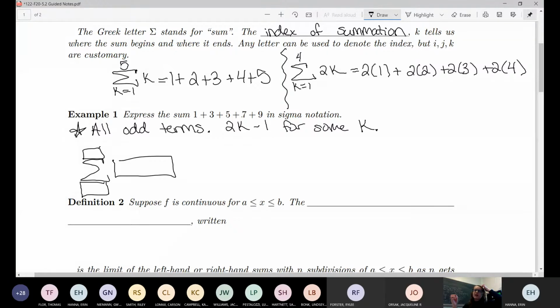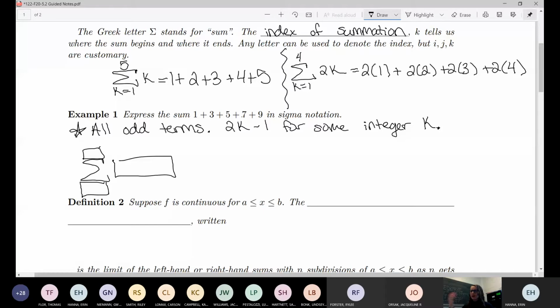So essentially any integer, so maybe I should be very specific in case people show this to other mathematicians later, for any integer k. So if you give me an integer, if I plug it into 2k minus 1, I'm going to get an odd number. No matter what integer you give me.